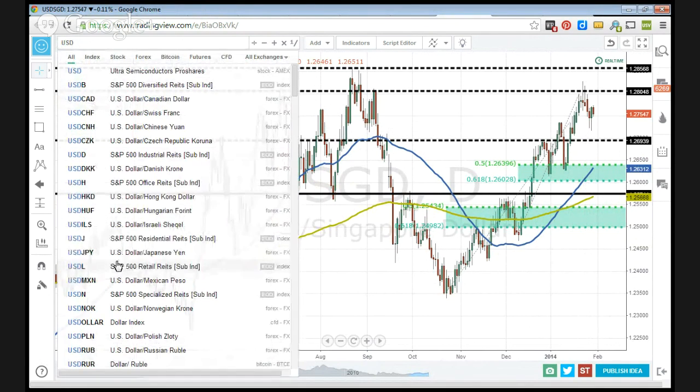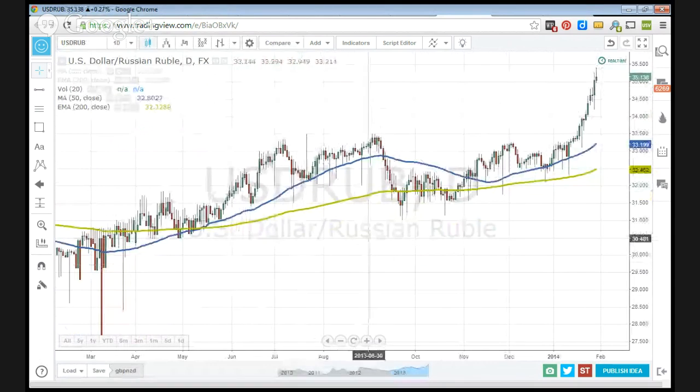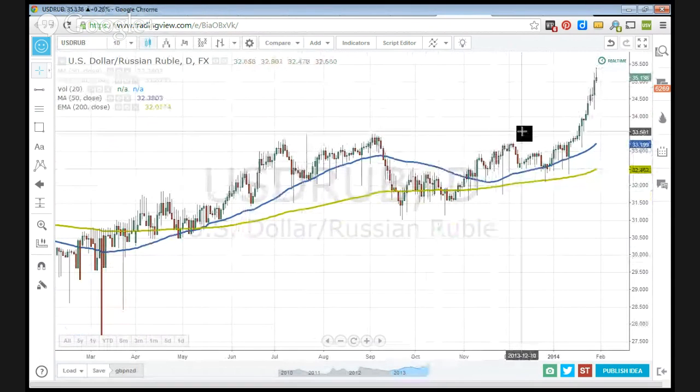However, I just want to take a quick look at the Russian ruble. Yeah. So all these emerging market currencies, and this may be a huge opportunity. I don't really trade them. I like the main currencies because they're more liquid, and I generally prefer that.